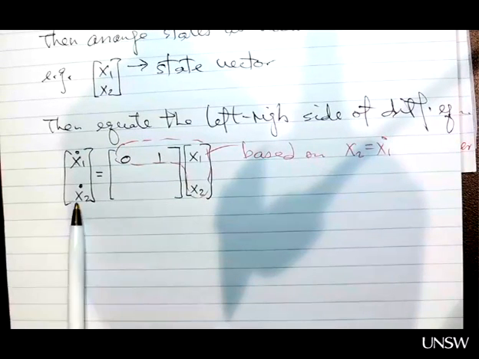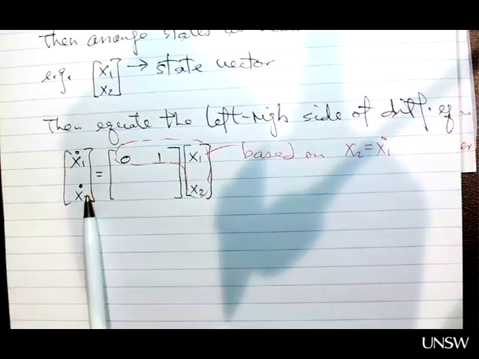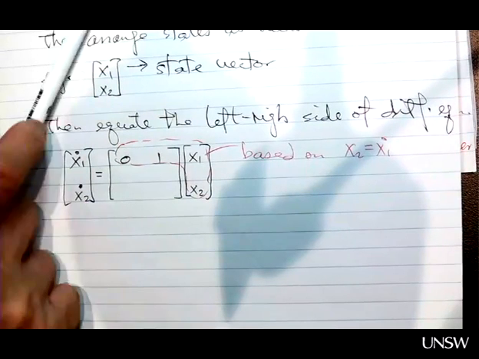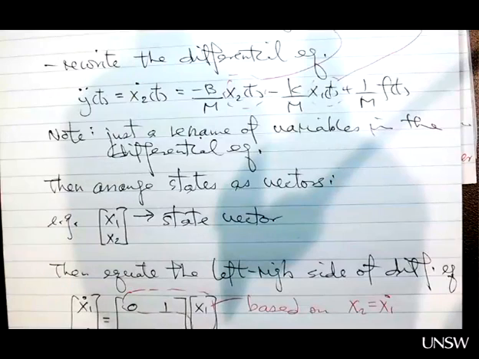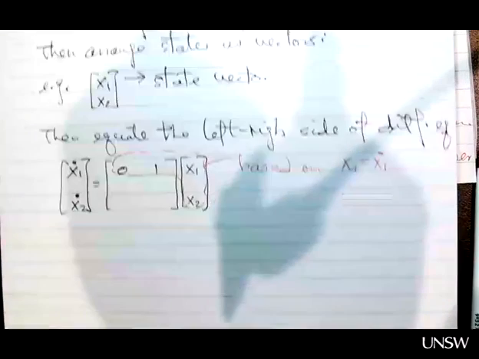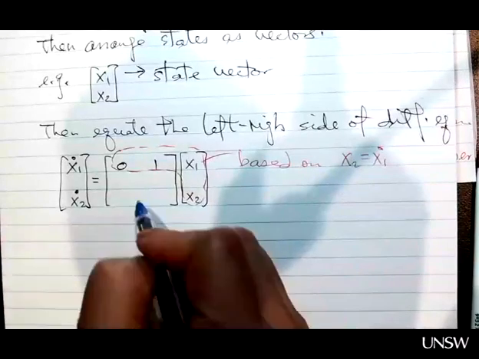Then for the second part of the state, x2 dot is this one.